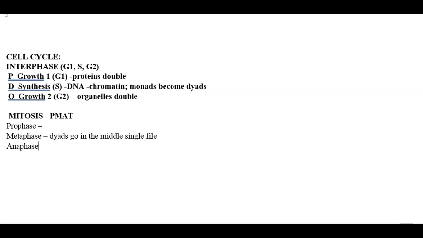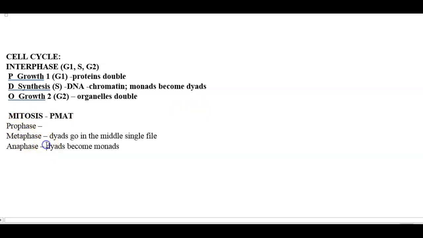Anaphase. Remember I said anaphase is where the sister chromatids go apart, where the dyads become monads. So dyads become monads. Now you can think of the A, ana, apart.